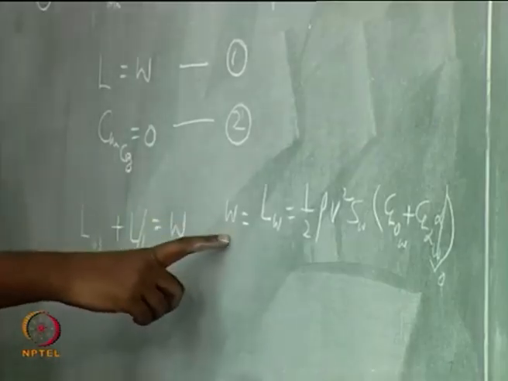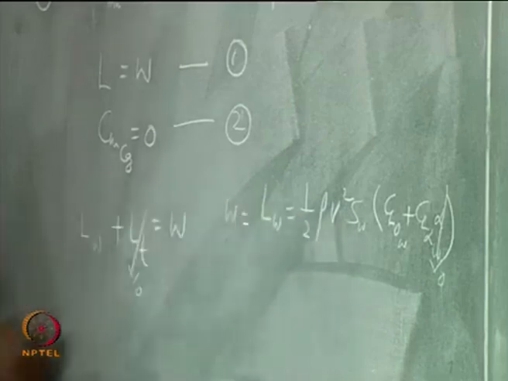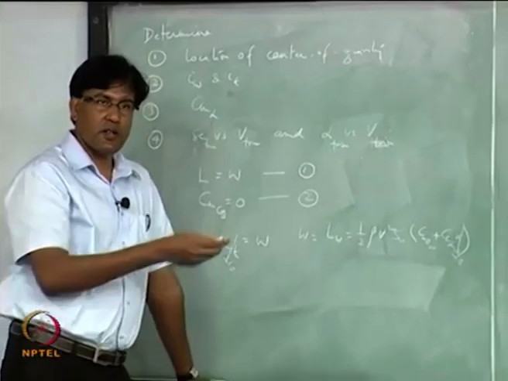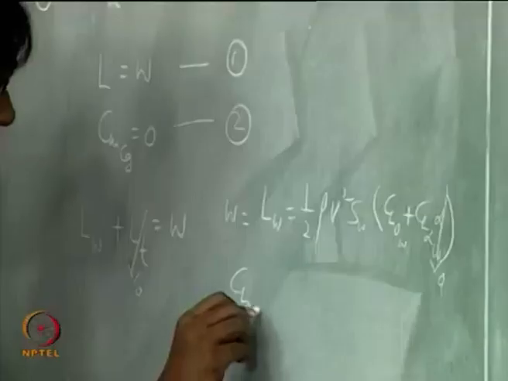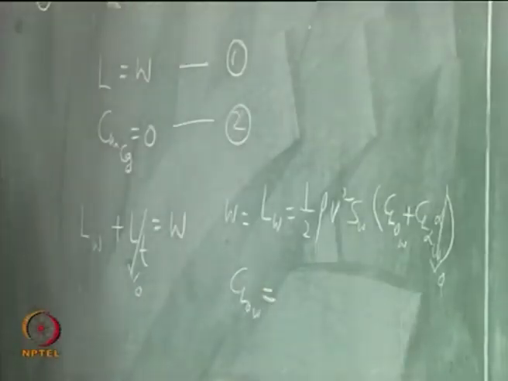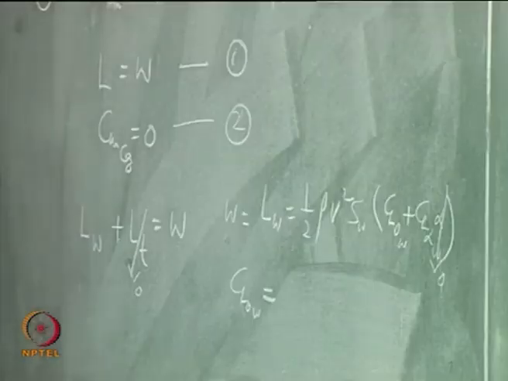I know everything here, I know the weight, I know all these quantities. So, I can find out what CL naught W is, right. Is this all right?